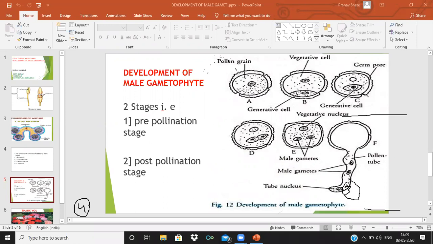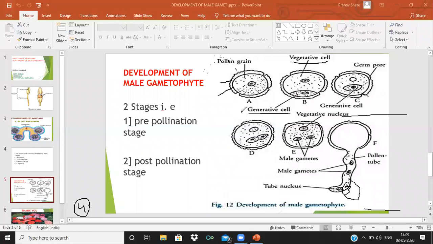This is one pollen grain. The pollen grain consists of the outer exine, inner intine, and the cytoplasm with a single nucleus. This single nucleus divides into two nuclei. The first is called the vegetative cell and the second is called the generative cell.